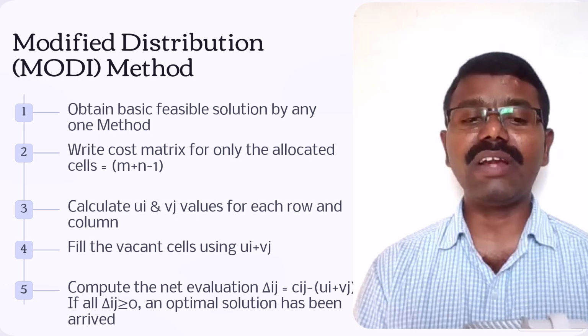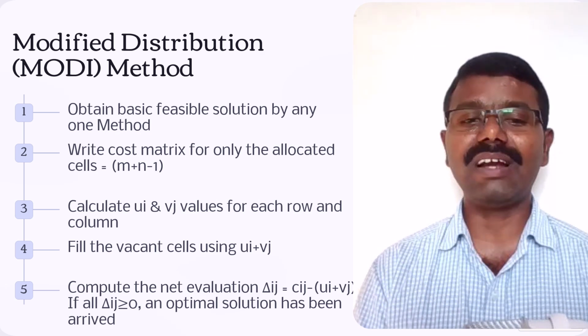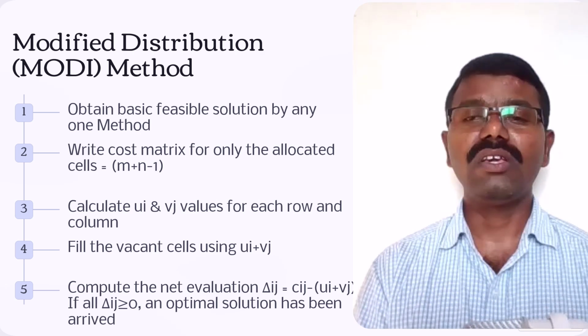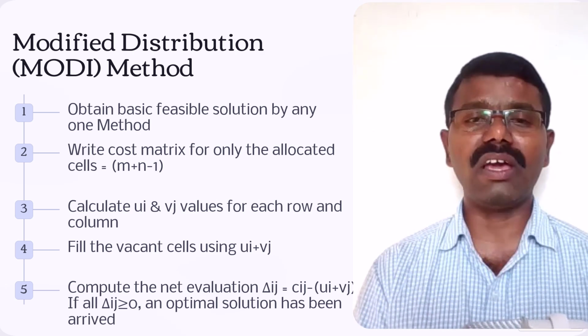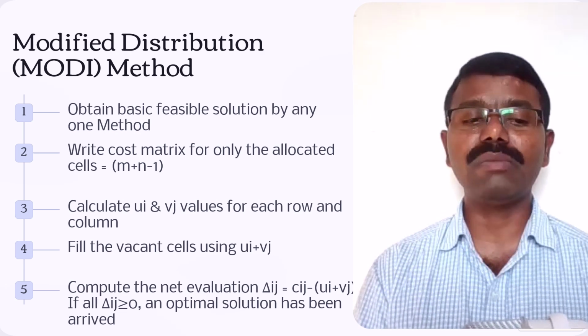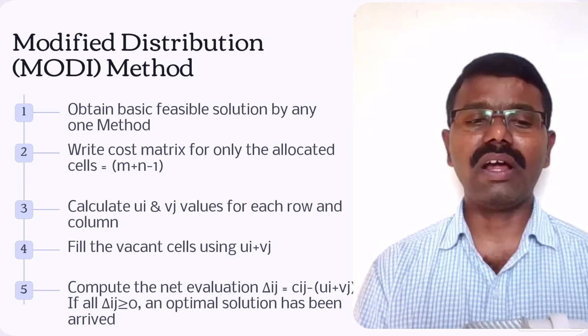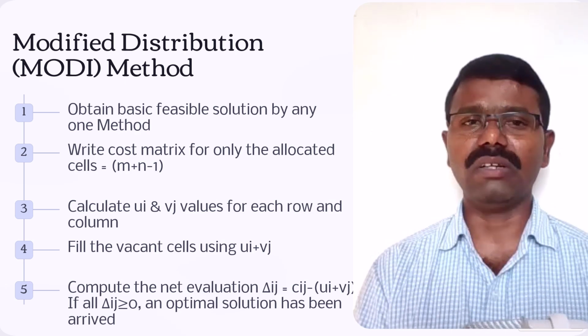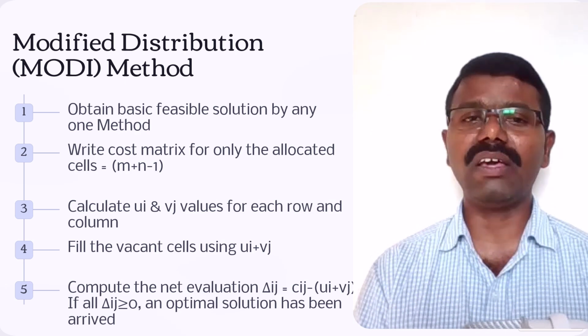Then compute the net evaluation, delta ij, which is equal to cij minus (ui plus vj). If all delta ij are greater than or equal to 0, an optimal solution has been arrived at. Once the delta ij values are all non-negative, we can't optimize further, so our problem will end there itself.